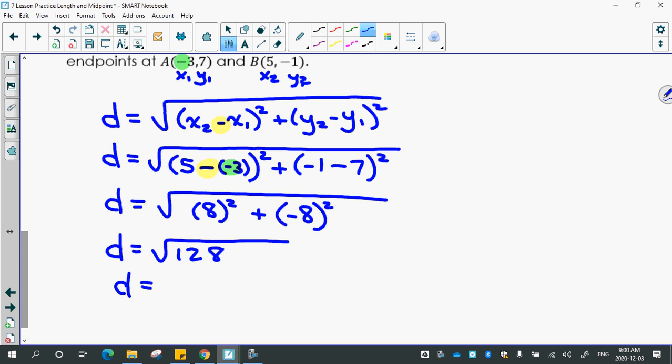So the distance, approximately, with the dot above the sign, between the 2 points is approximately 11.3 units. So that's the formula for the distance between 2 points.